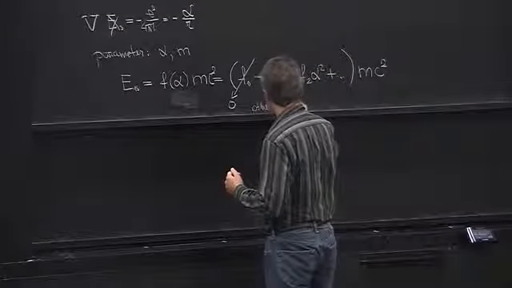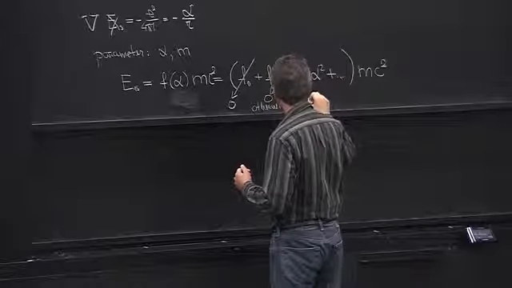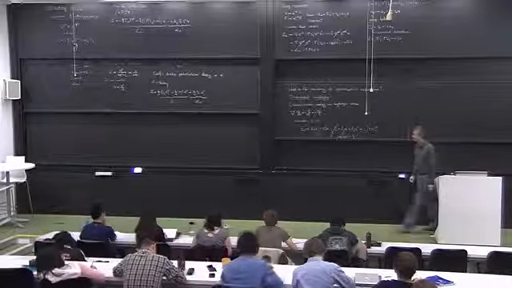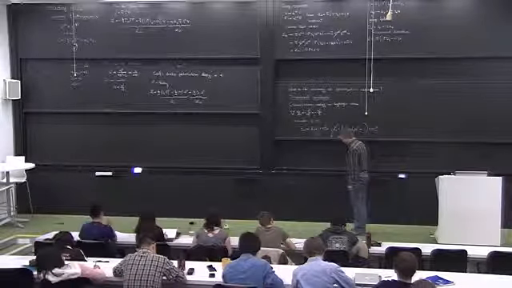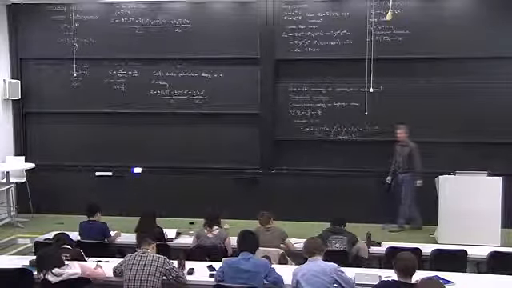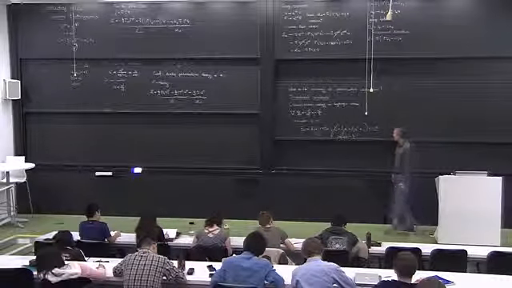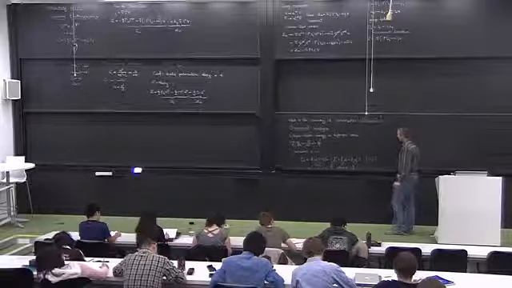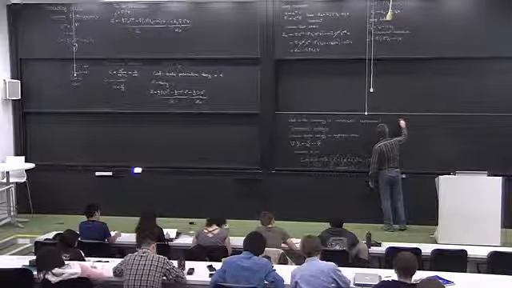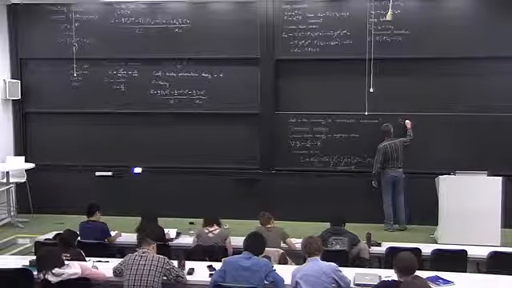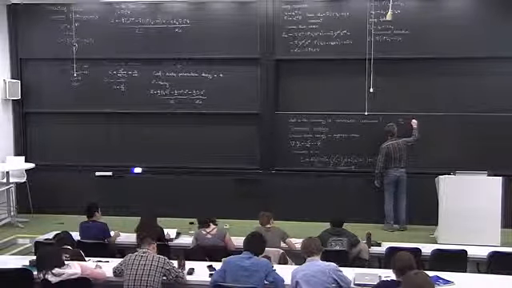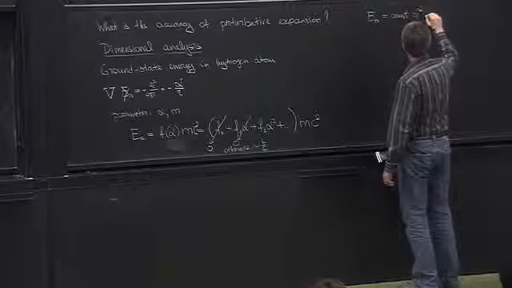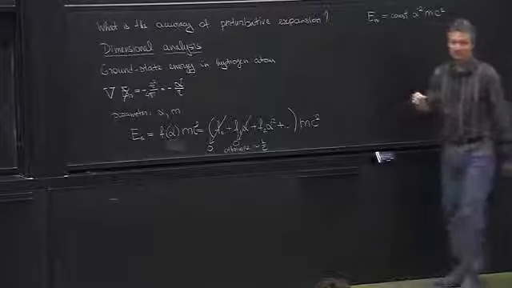Otherwise, the answer is proportional to 1/c, and that's not correct because we are dealing with non-relativistic quantum mechanics. So there should be no c dependence. So finally, what we find is that the energy is proportional to some constant times alpha squared times m times c squared.